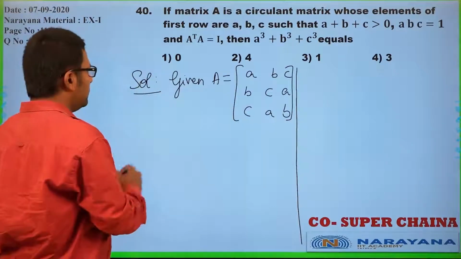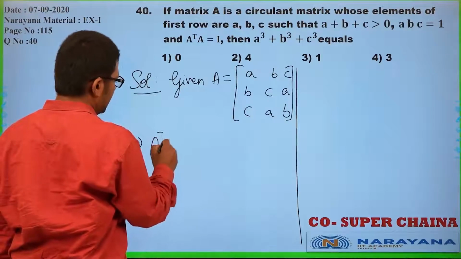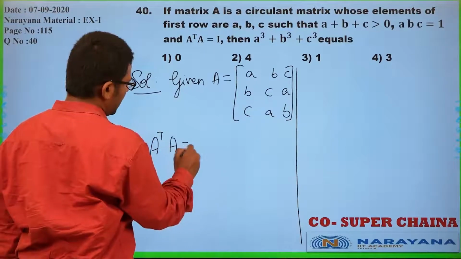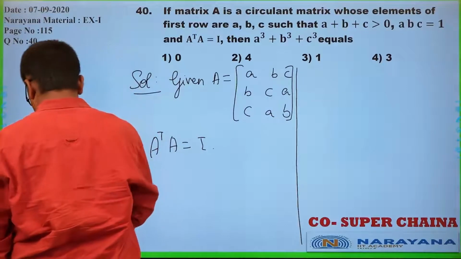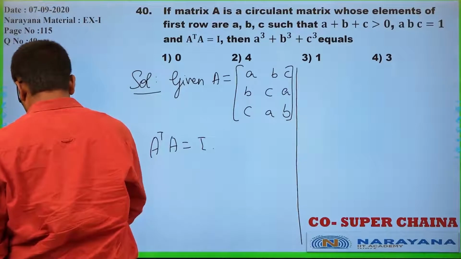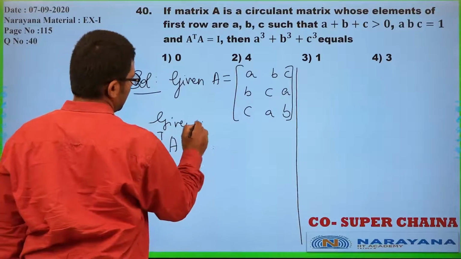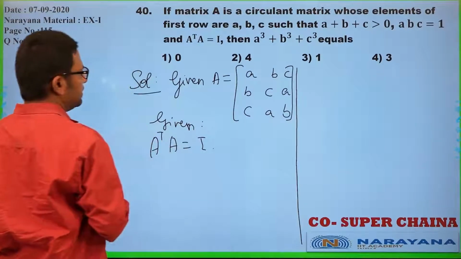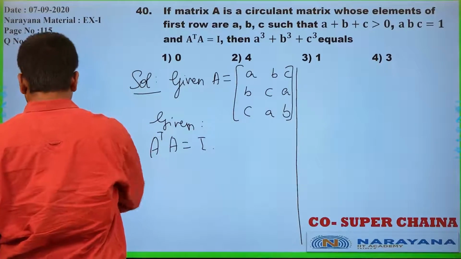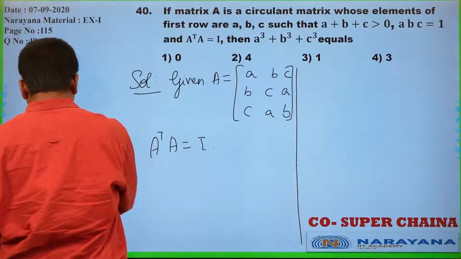So now, this would imply A transpose A equal to I, it is given. So this at least is given.